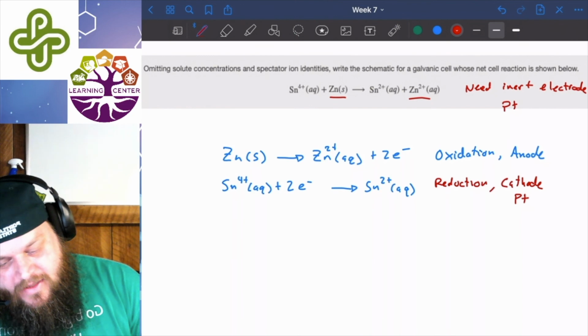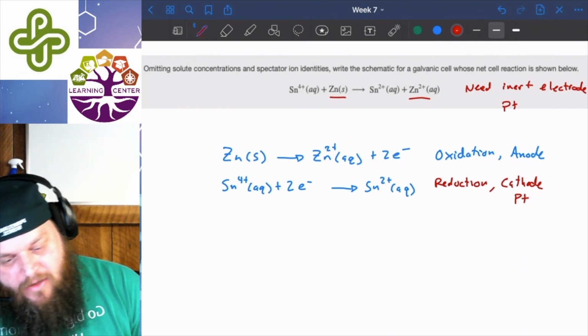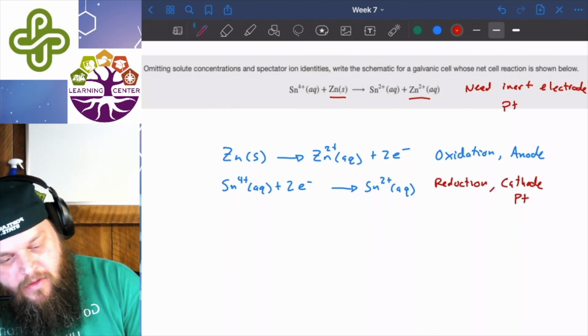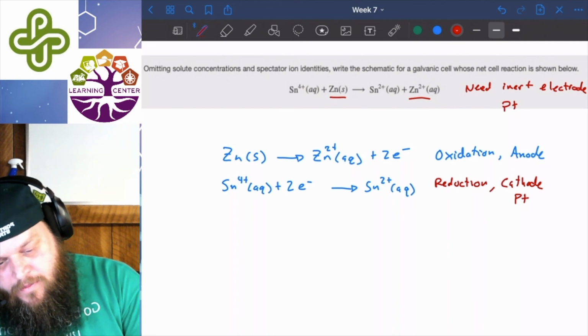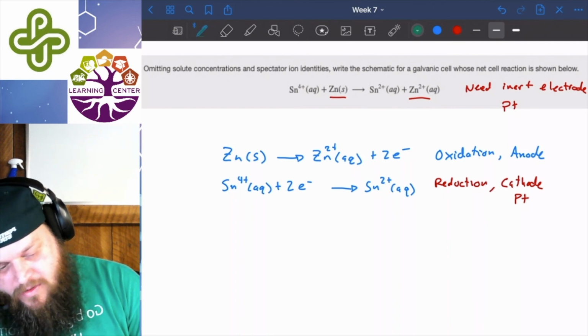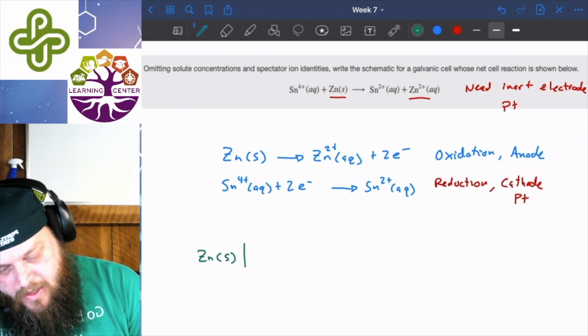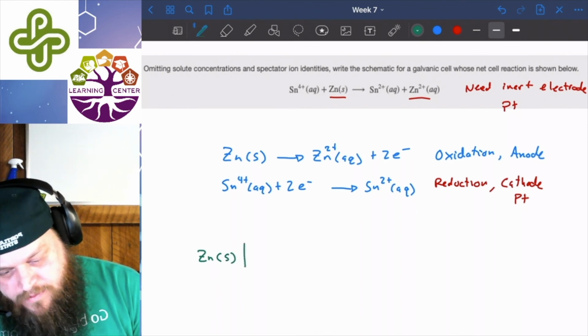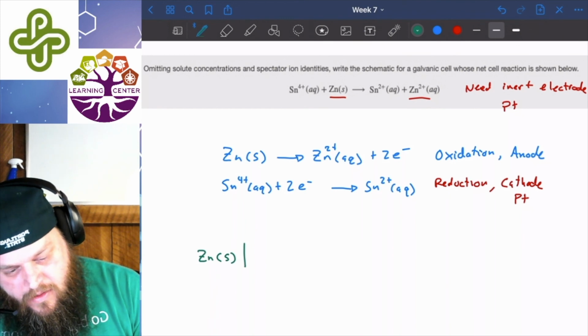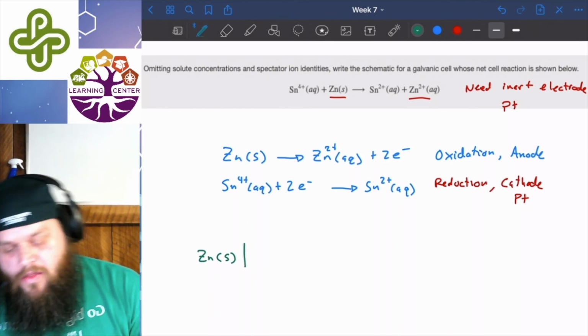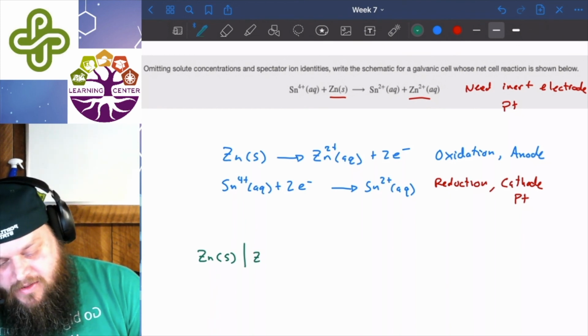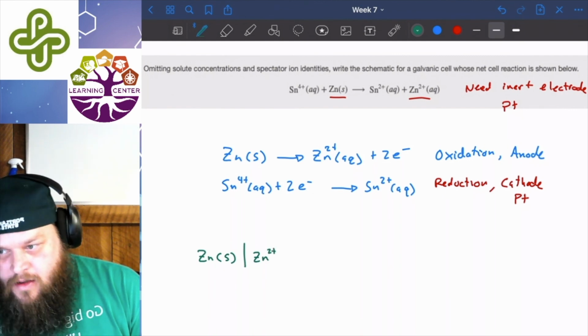So we can write this out now as our galvanic notation, our cell notation, saying that we start out with the anode, zinc solid, which interfaces with, and they don't really tell us what it's interfacing with, some Zn2+ in aqueous solution.